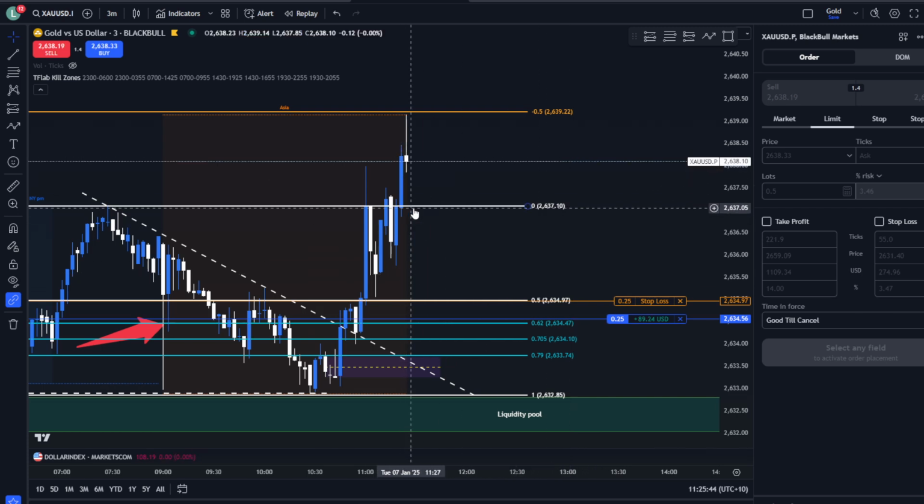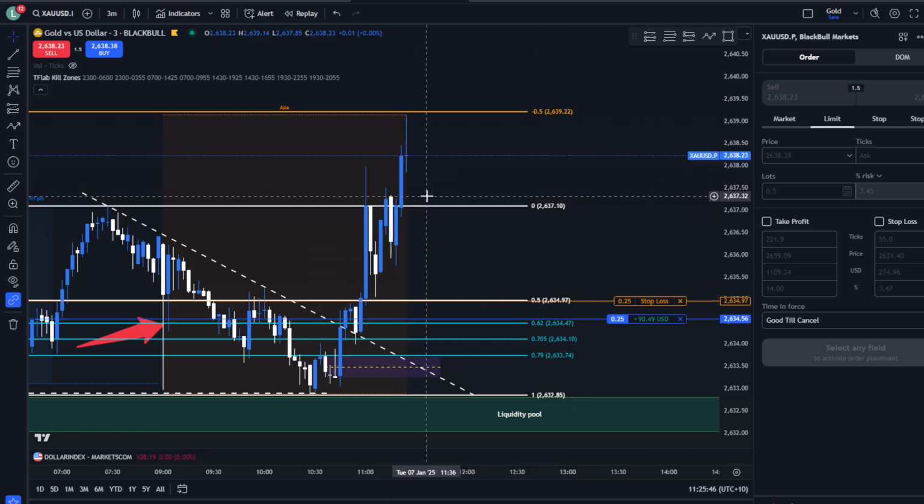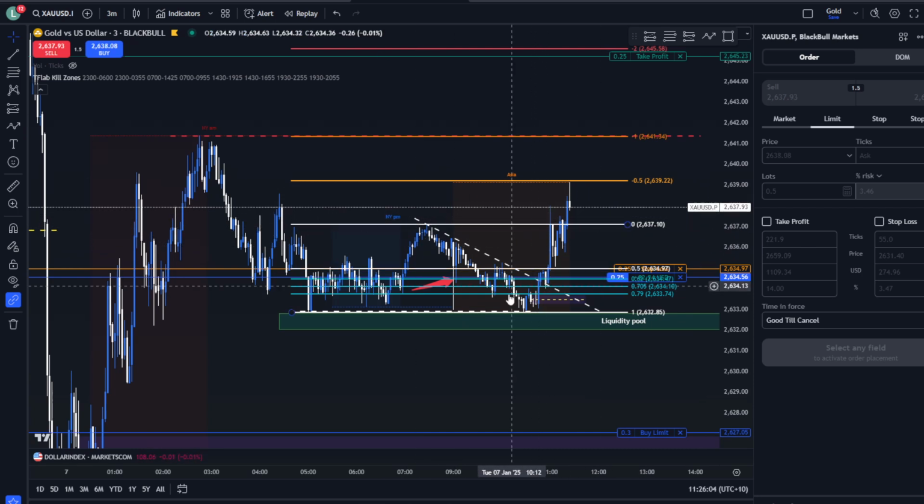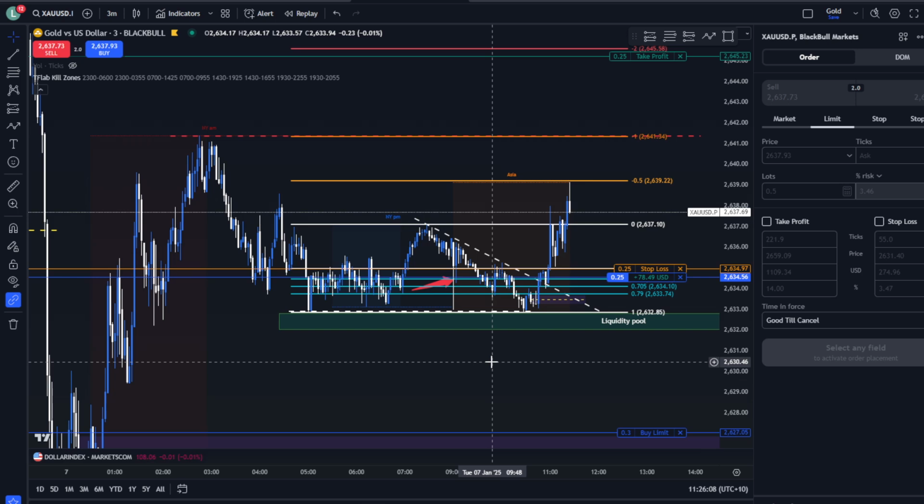I could move it up and just let the trade do what it wants, and I could take the trade off now even, but we've started targeting buy side liquidity. At this point we want to capture.